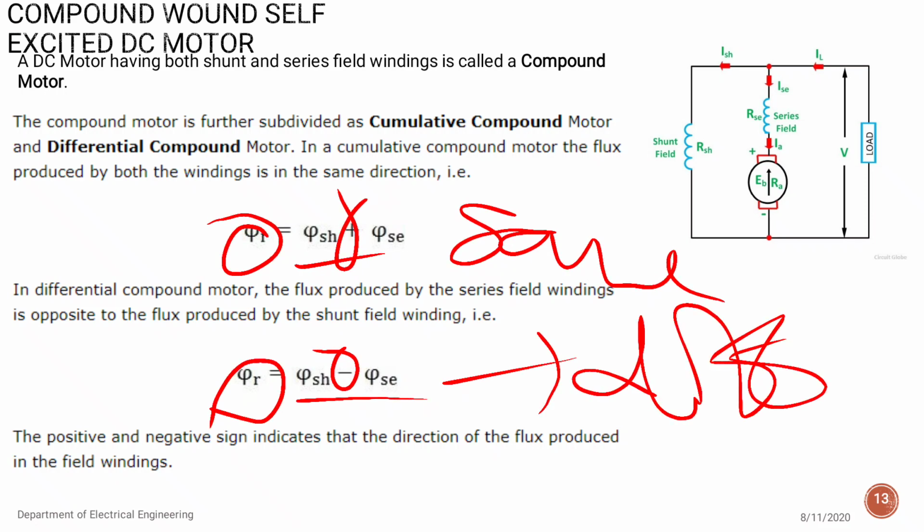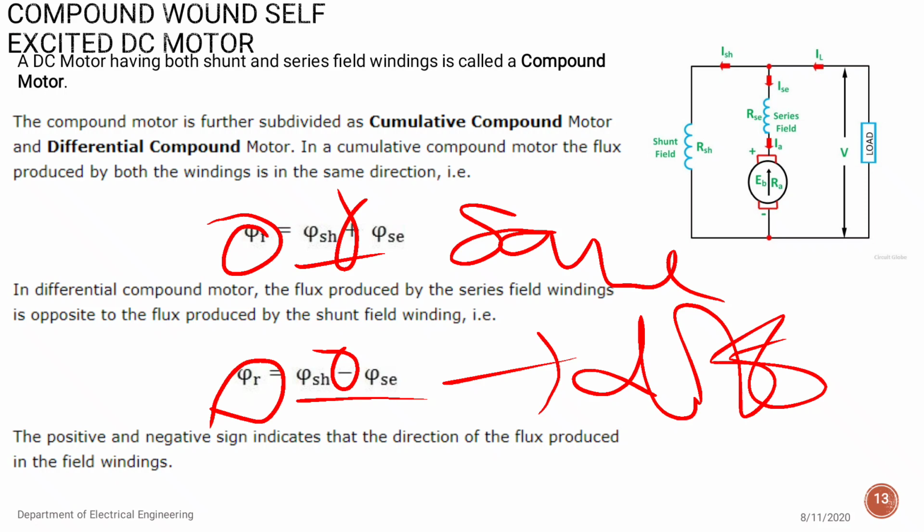Sometimes in an interview or viva there is a question: why are differential compound motors not used, or used rarely, why do they have no applications? At that time you can explain, sir, the fluxes of the shunt winding and series winding oppose each other, so there is a weakening of flux.